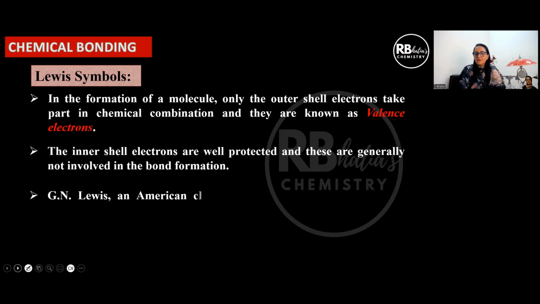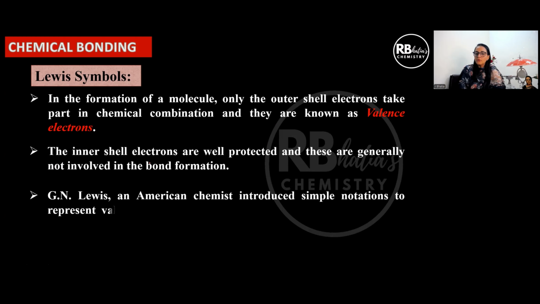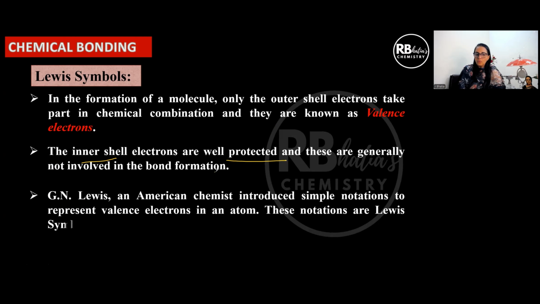Why do core electrons not take part in bond formation? Because they are more protected. Inner shell electrons are well protected, and these are not involved in bond formation. So Lewis, an American scientist, introduced simple notations to represent valence electrons, and these notations are called Lewis symbols.